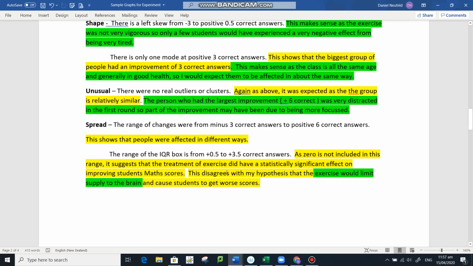And finally, this disagrees with my hypothesis. So at any point, you could be saying about whether this agrees with what you said or didn't. What we're doing here, again, is adding context. Now, I've added excellence in here because I sort of added a reason why I thought the actual students would get worse.